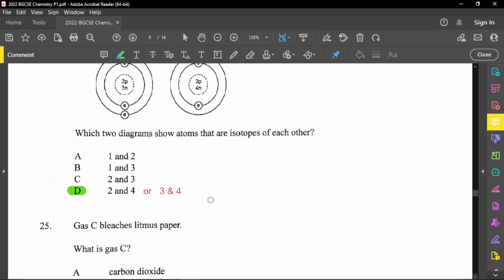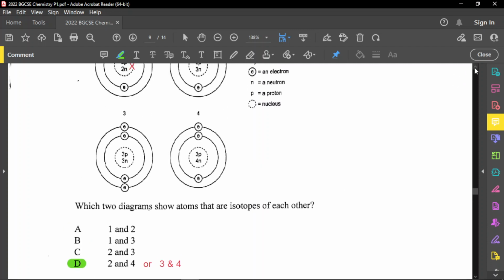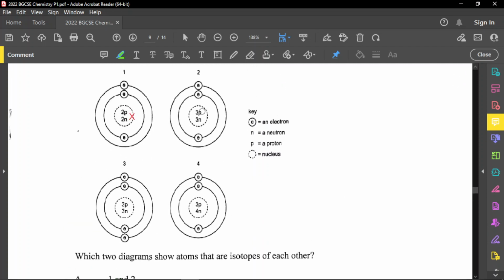Just to make note of that, we have 2 possibilities right there in terms of isotopes. And also we could have 2 and 3. So we could have 2 and 4, 3 and 4, and also 2 and 3. Let's go back a little bit because I said 2 and 3 is a possibility, because they have the same proton number.